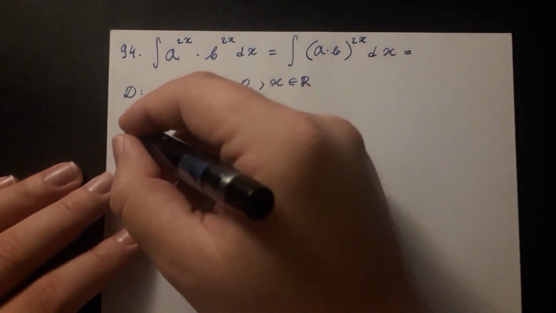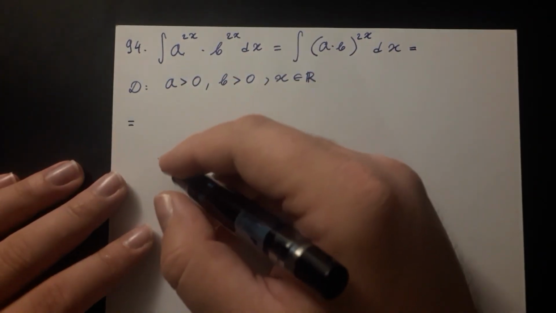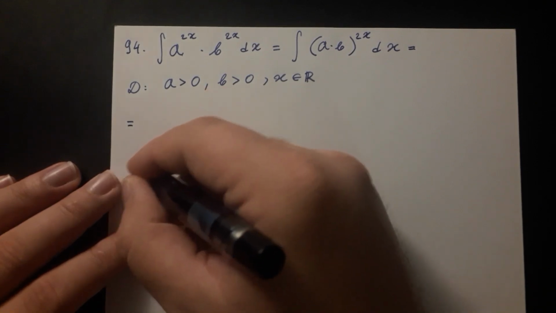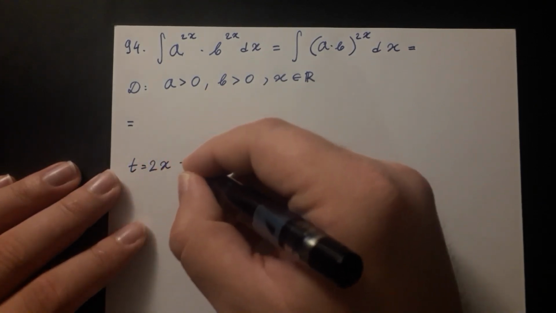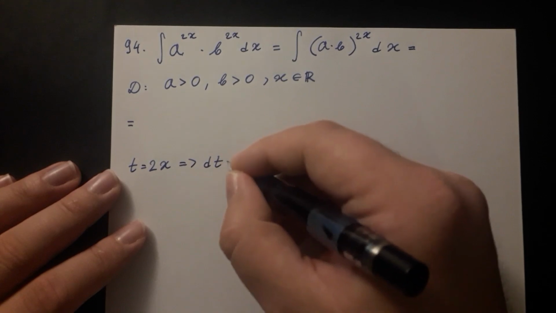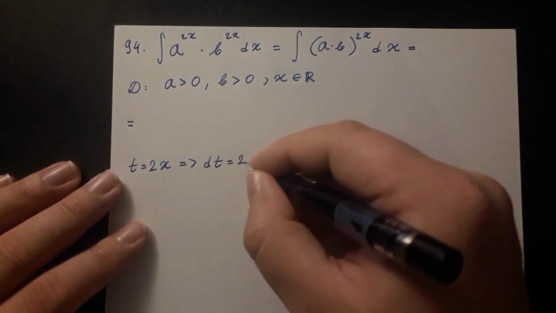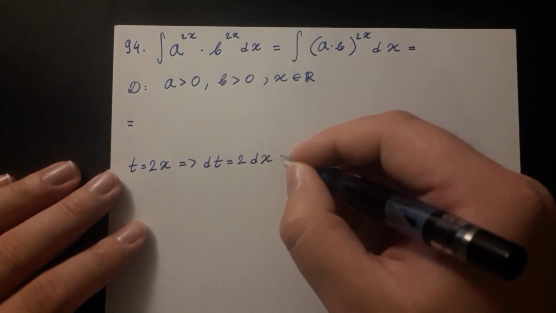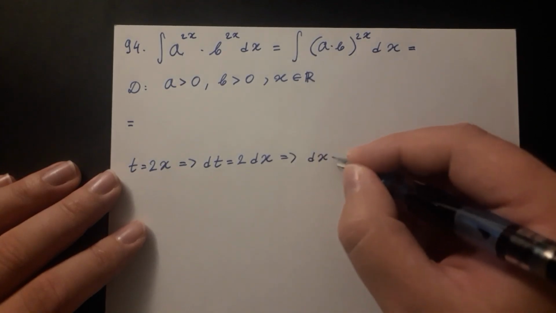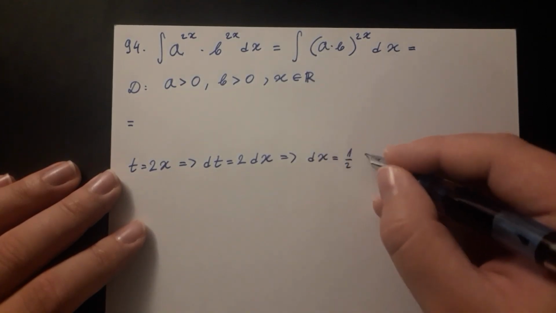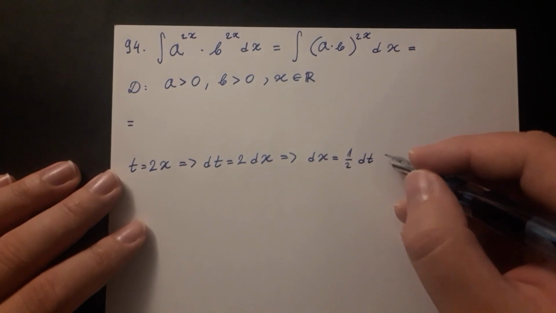We can introduce the substitution that t is equal to 2x, and then we get that the differential of t is equal to 2 differentials of x, which makes differential of x be equal to 1/2 of the differential of t.